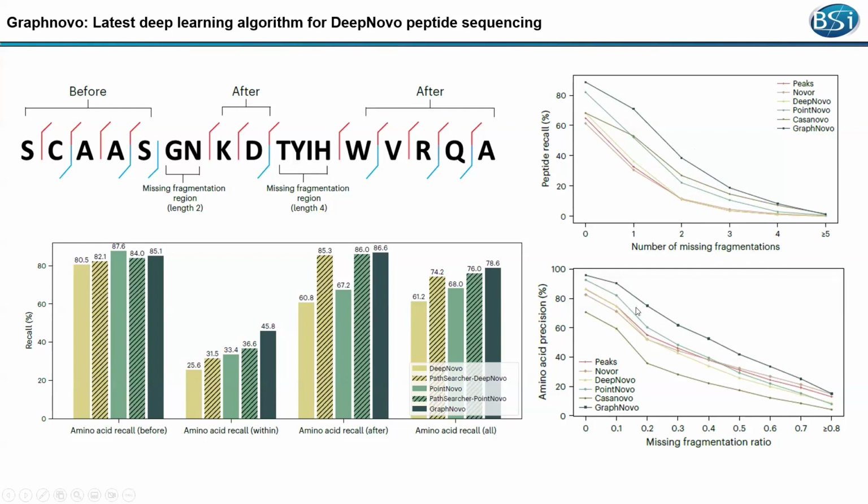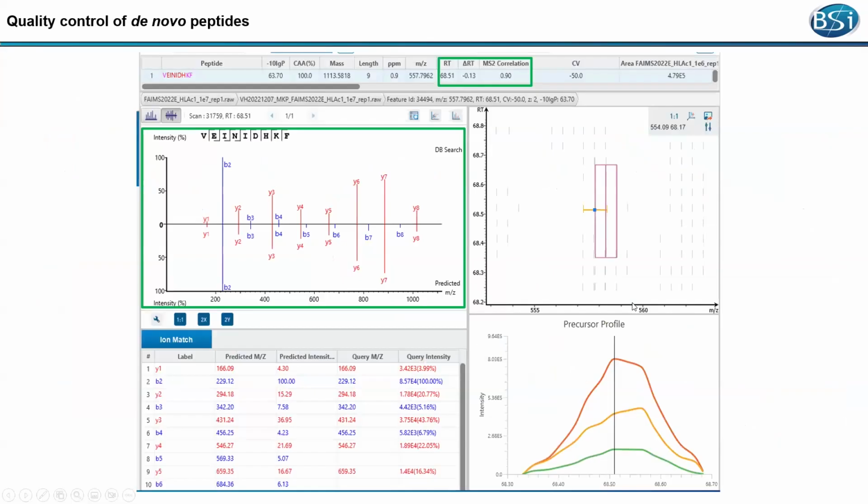So now we have these de novo sequences. How do we evaluate, or quality control, our de novo peptides? These features are also in our PEAKS 11, so I will just repeat them here. We have retention time prediction, delta RT, and we also have the MS2 correlation numbers.